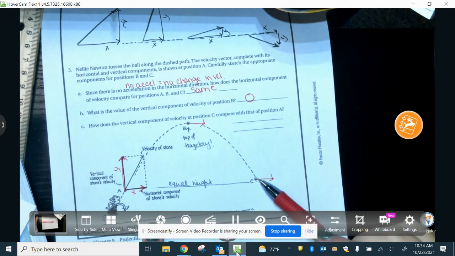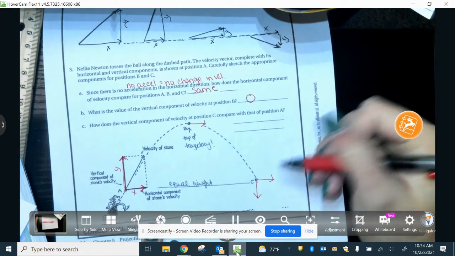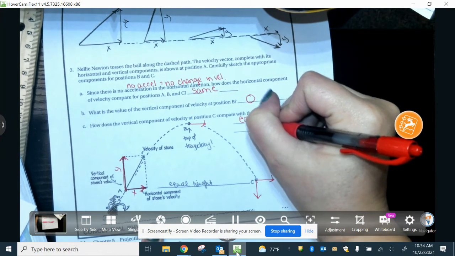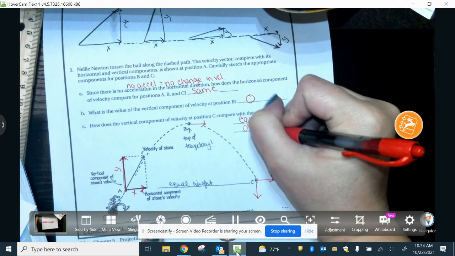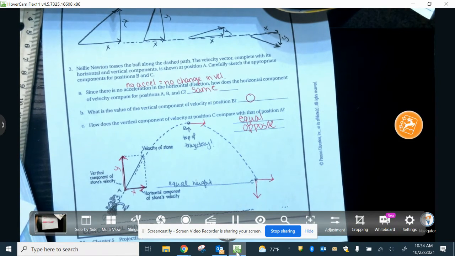Because points A and C are at equal height, I can say that they are equal and opposite. Any questions? Flip your paper over, please.